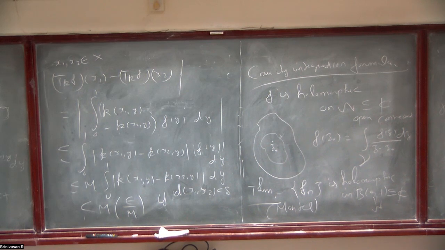Then there exists a subsequence of Fn which converges to a holomorphic F. If you have a collection of holomorphic functions which is bounded on compact sets, then there is a subsequence which converges to a holomorphic function, uniformly on compact sets.